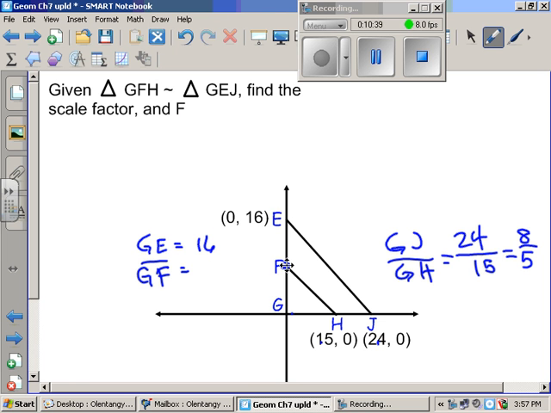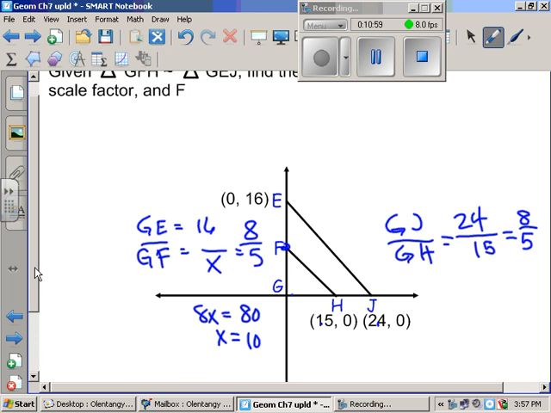But I know that it has to have a scale factor of 8 over 5. So then it's just a matter of cross multiplying and solving. So I get 8x is equal to 80. So x is 10. So I know that F must be located at (0, 10). Because it's over 0, up 10. Okay?